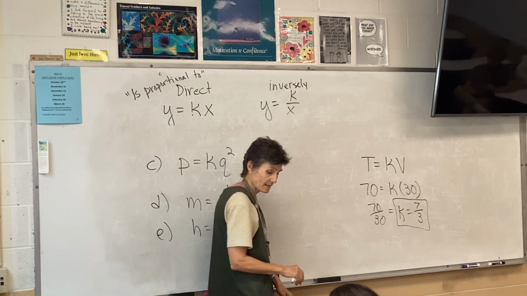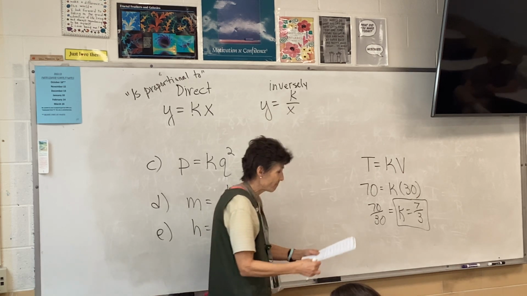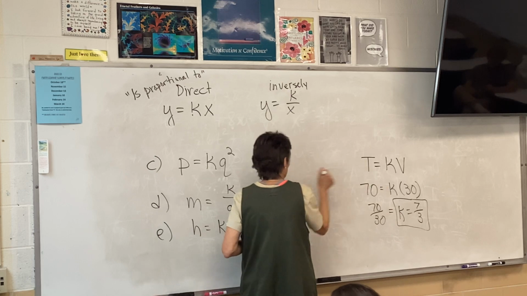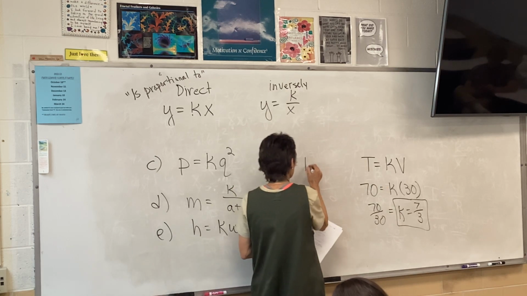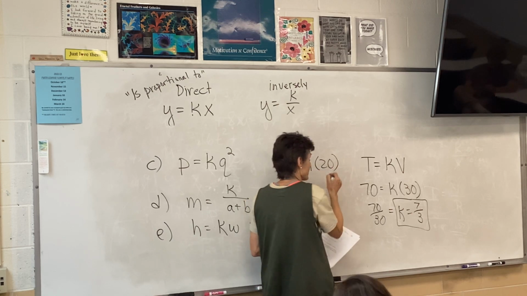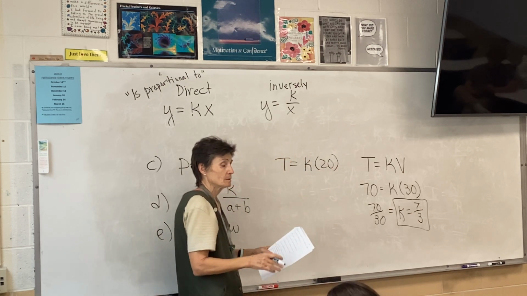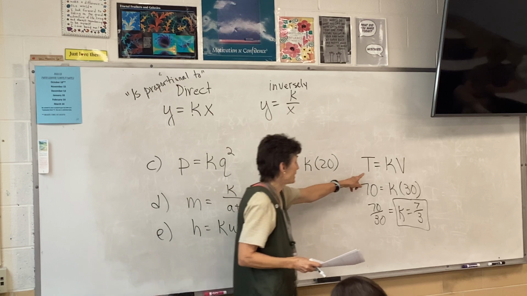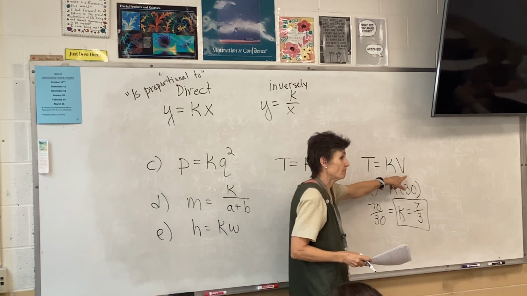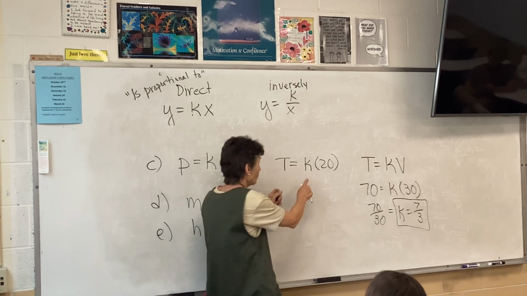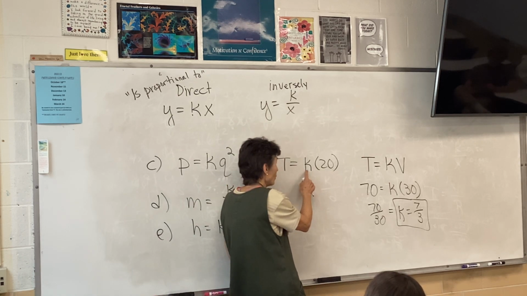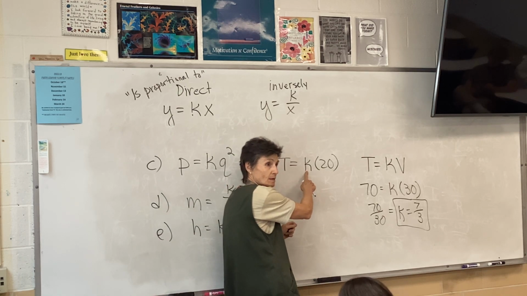And then the last sentence says, find the temperature if the volume is 20. Now, that equation might look a little scary, but what do we know? Don't we know that number?